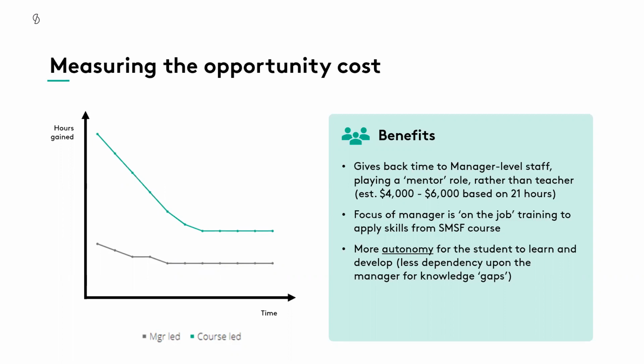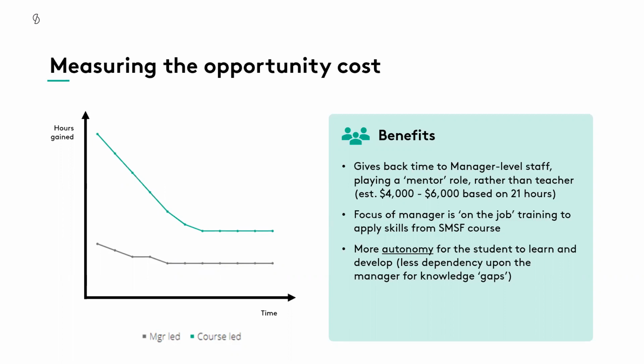And I think, David, you mentioned this when we were putting these slides together, just this autonomy that the student gets as well as a byproduct of going through the course. Yeah, and if a manager or someone who's teaching, it's such a vast topic. There's going to be things missed. So through this course, which is pretty detailed, it's going to be covered, and then you can potentially go back and look things up if you wanted to find it as a resource.